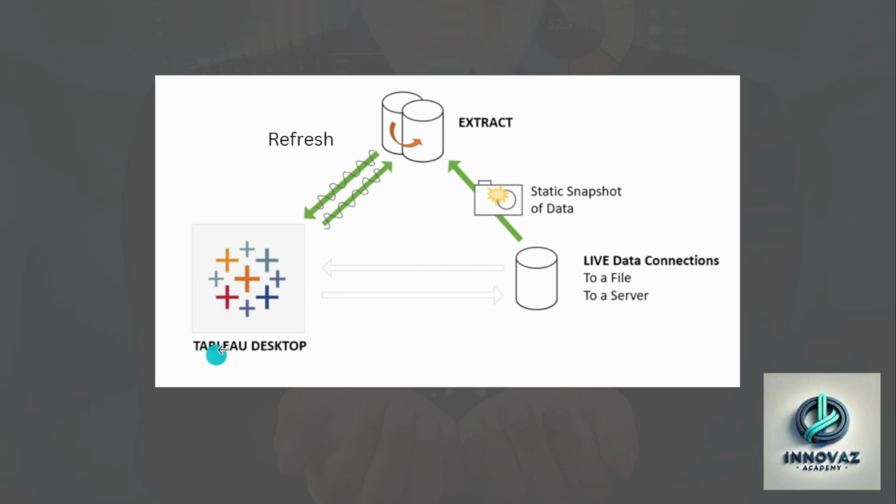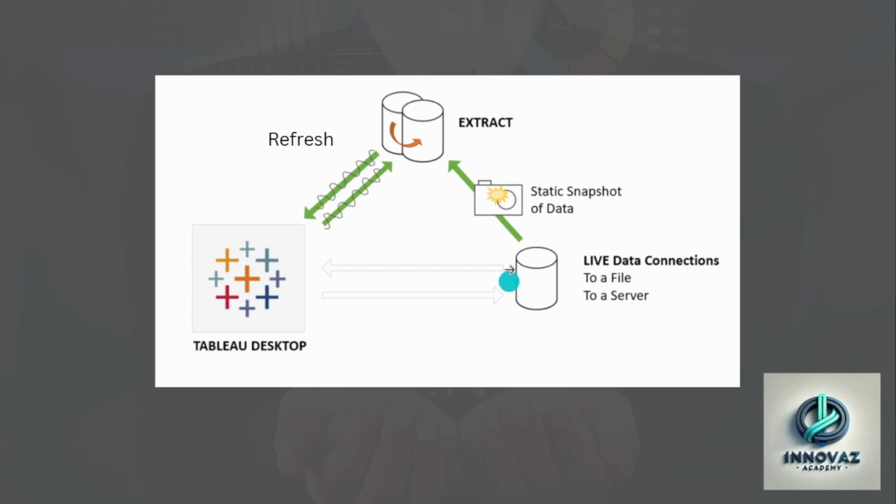But one thing you need to be aware of is, for example, I have 10 records in my database. When I make an extract connection, Tableau will extract the data from the database and save it in my local machine with those 10 records. Let's assume in my database, two more records get loaded.